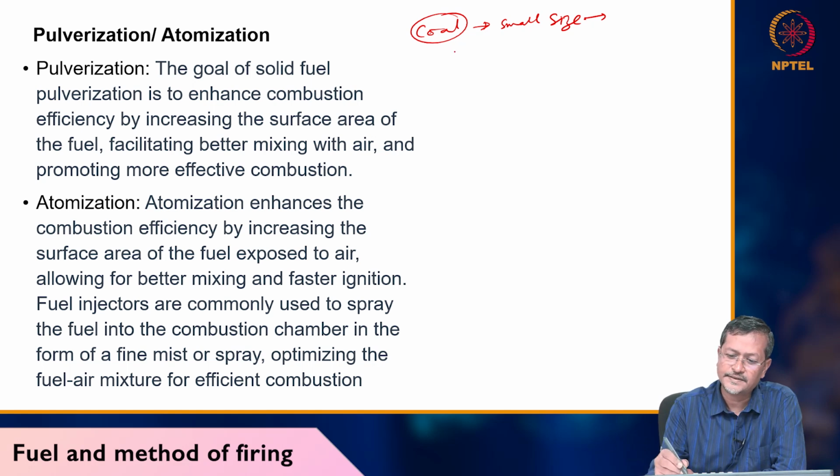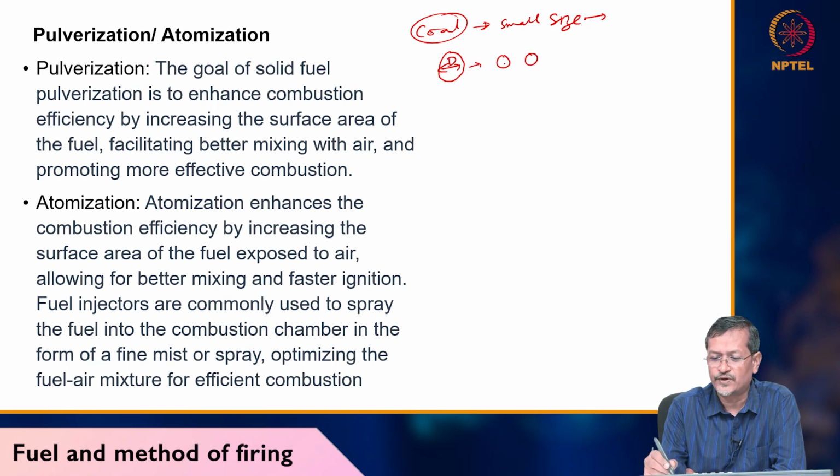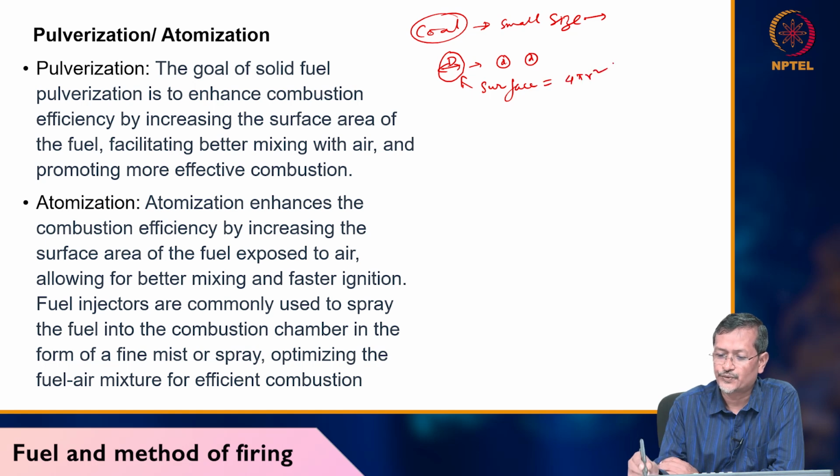Why is it happening like this? Say I have one bigger particle of diameter D, or radius R, and I break it into two smaller particles of the same total volume. The sphere surface area is 4 pi r squared, and the volume is 4/3 pi r cubed.